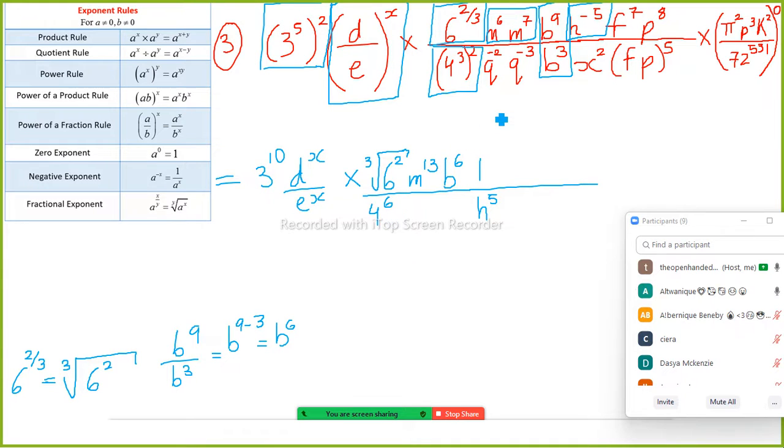And Sierra, what do we do with these two? Q to the -2 and Q to the -3. Q to the 5th power. You sure?